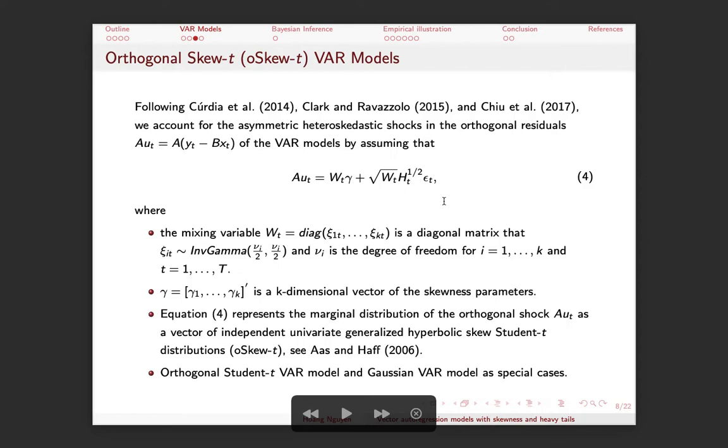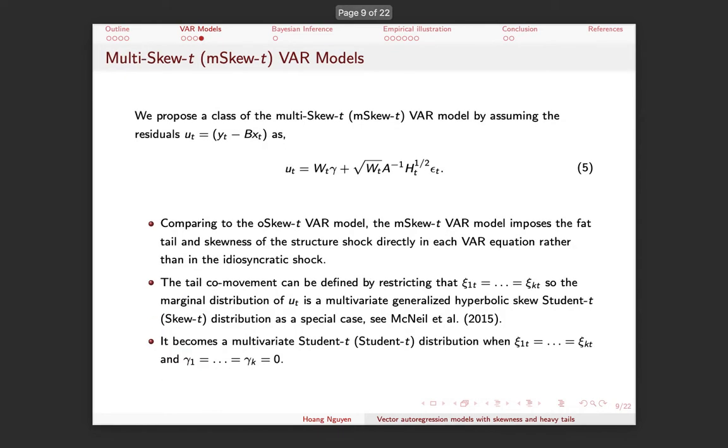Instead of imposing an orthogonal shock, we can have another strategy by imposing the fat tail and skewness directly in the VAR equation by writing Ut as a mixture of mean and variance in this case. So compared to the orthogonal skew VAR model, the multi-skew VAR model is just saying that in the VAR equation we have innovations that have fat tails and asymmetries, and they are correlated with each other's equation.